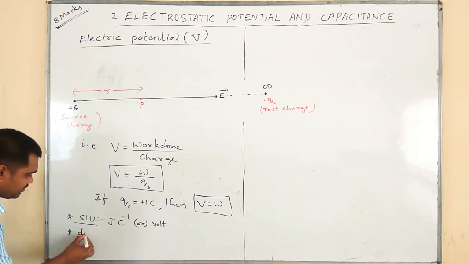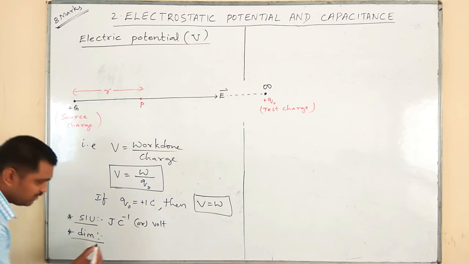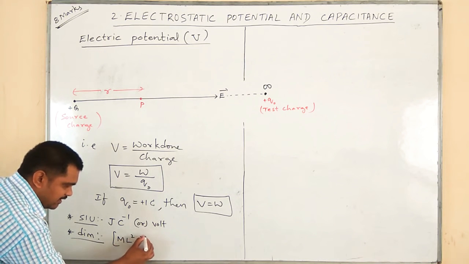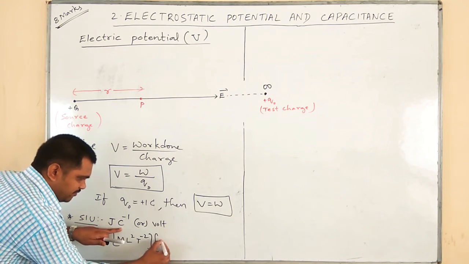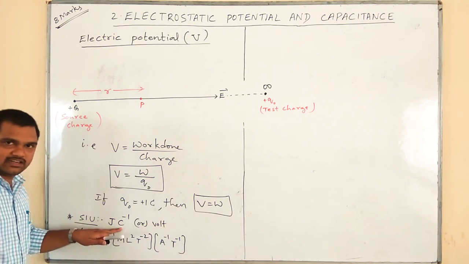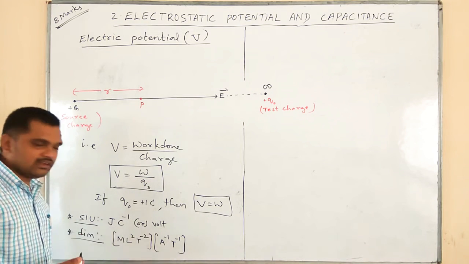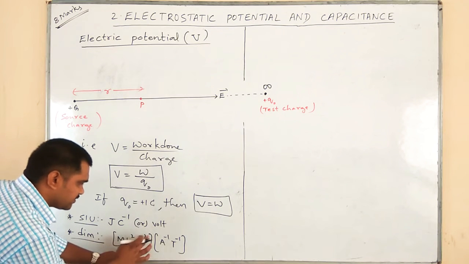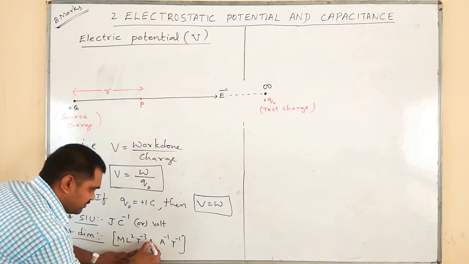What is the dimensional formula? For joule, we used to take M L square T power minus 2. For C power minus 1, what we used to take? A power minus 1, T power minus 1, isn't it? Because coulomb means current into time. Therefore, A power minus 1, T power minus 1, which gives us finally M L square T power minus 3 A power minus 1.